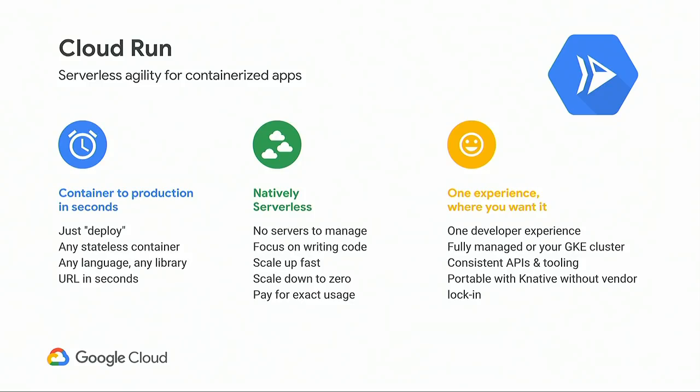But we also have a version of Cloud Run that runs on your GKE cluster. So if you're already a GKE customer or you already have made an investment in Kubernetes and that's where you want to run the bulk of your workload, you may have developers internally that want some of the agility and benefits of the serverless developer experience where I just have to deploy and I get something back in seconds.